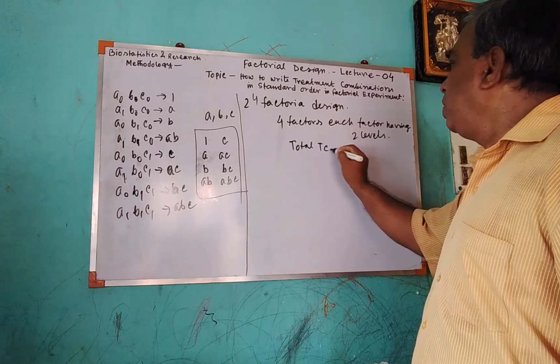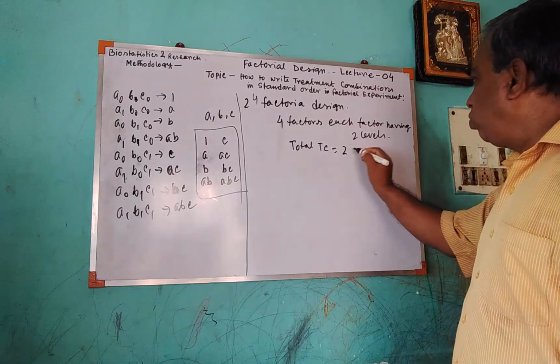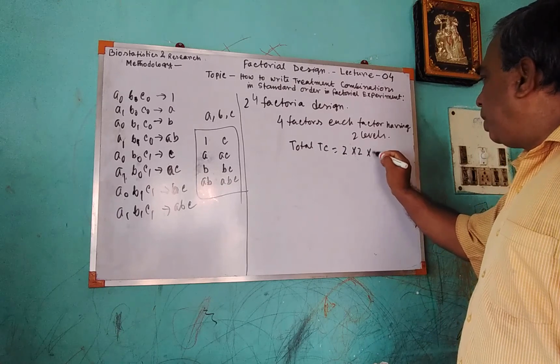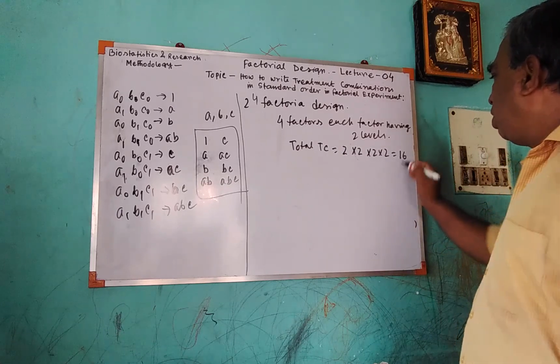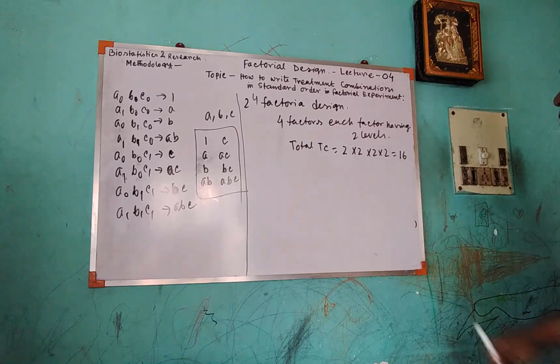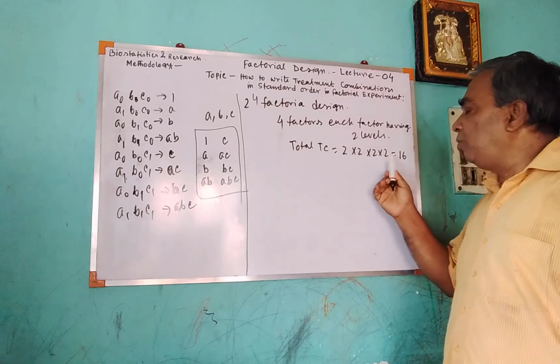Total treatment combinations: first factor 2 levels, second factor 2 levels, third factor 2 levels, fourth factor 2 levels. That means 16 treatment combinations. You have to multiply the levels of each factor, then you will get the total treatment combinations.